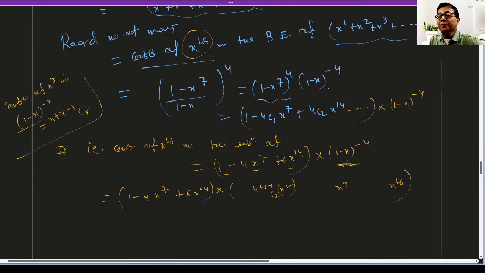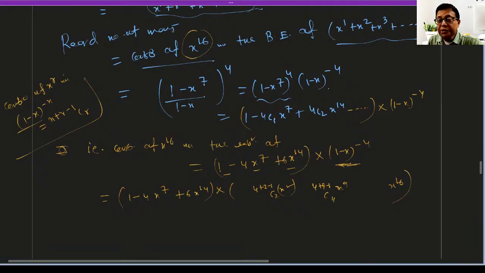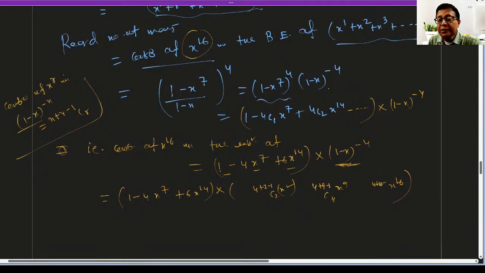And x to the power 9's coefficient, just go by this, 4 plus 9 minus 1 Cr, that is 4. And here x to the power 16's coefficient, that will be what? It is 4 plus 16 minus 1 C16.